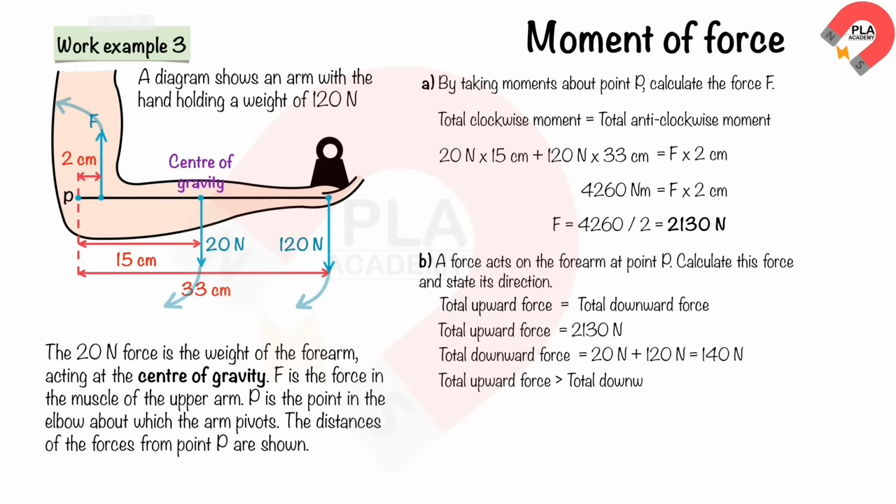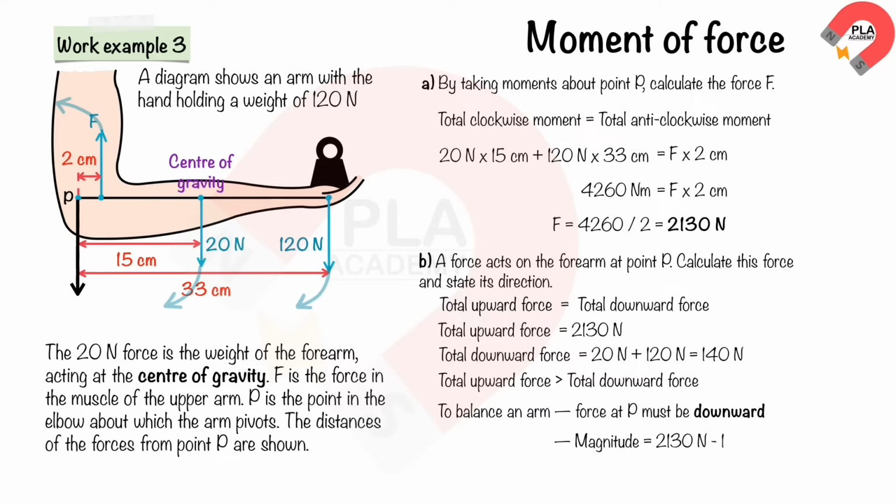Total upward force is more than total downward force. To balance the arm, we need to add an additional downward force at point P. The magnitude of this force equals 2,130 minus 140, which is equal to 1,990 newtons.